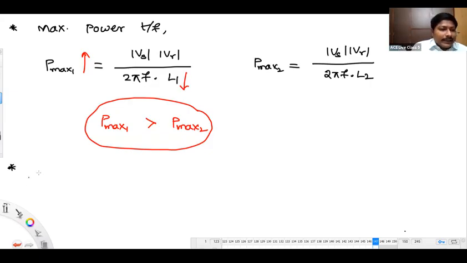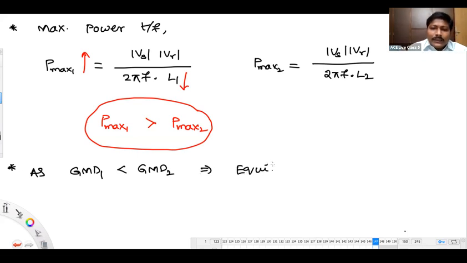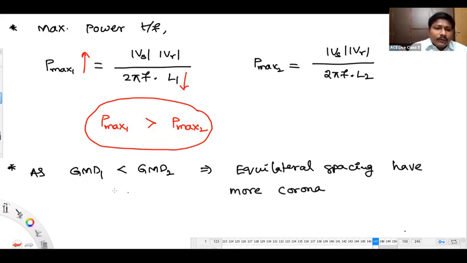Okay, so I can write now: GMD1 is less compared to GMD2. Equilateral spacing has more corona compared to flat spacing.